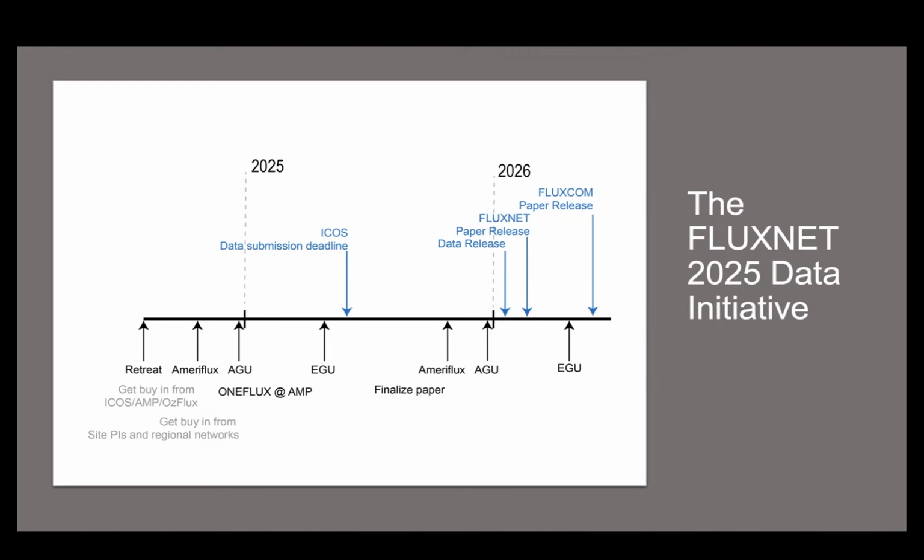And one way is through a data paper, or an annual or biannual paper exploring the data and demonstrating the data's utility to people. And so the deadline is for that. So if you want to be included in the paper, you've got to submit your data by the deadline, and then we can start working on the paper.